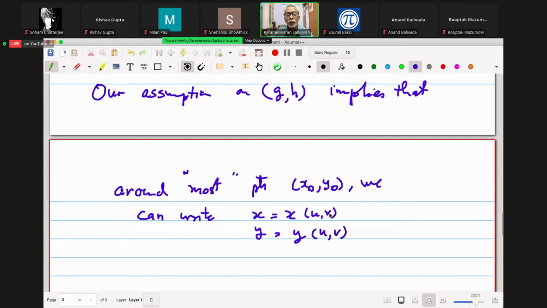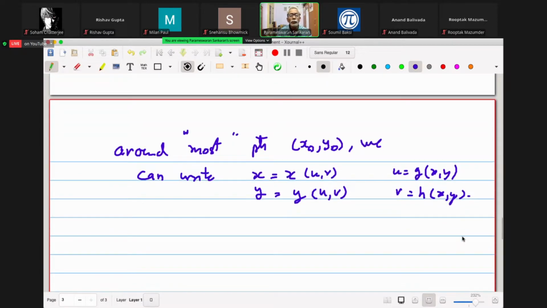You can write it as functions of u and v, where of course u is equal to g(x, y), and v is equal to h(x, y). So you should be able to invert it.